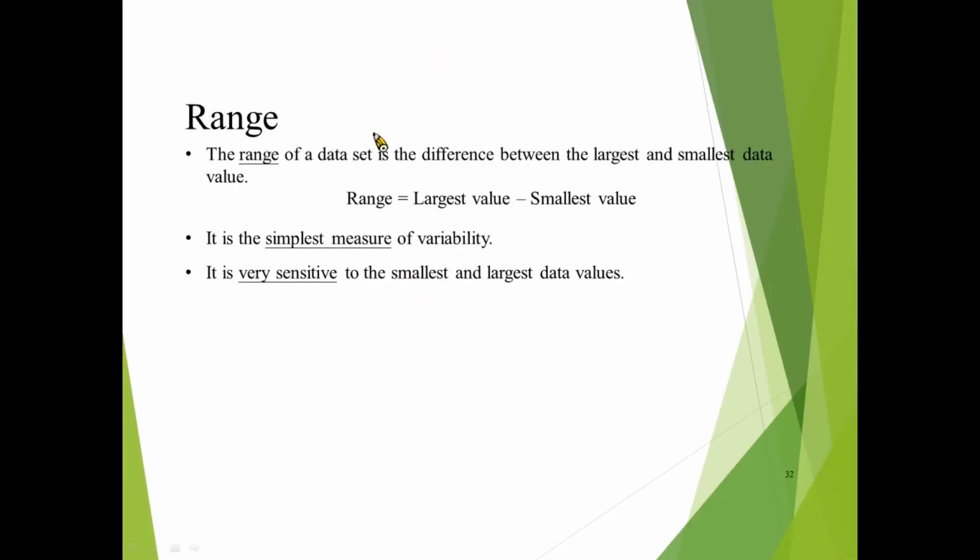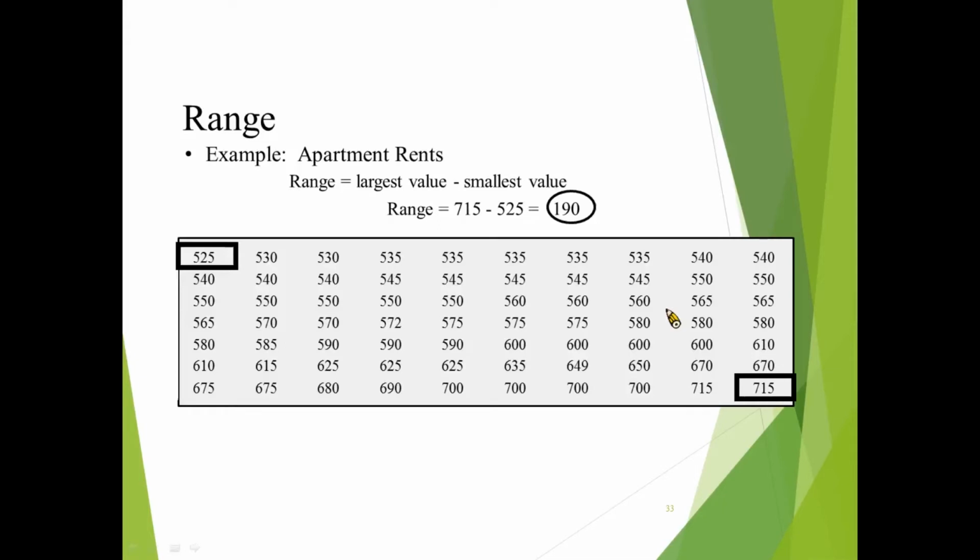Okay, range. The range of a data set is the difference between the largest and the smallest data value. So range is equal to the largest value minus the smallest value, and it is the simplest measure of variability, and is very sensitive to the smallest and the largest data values. So for the range, you can see we put the data in ascending order.